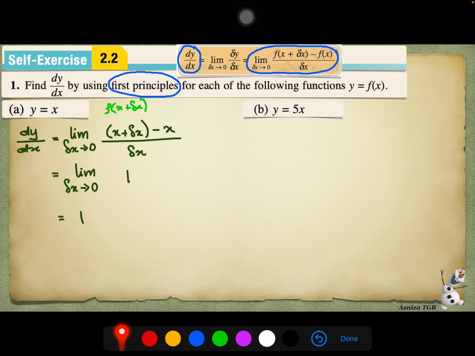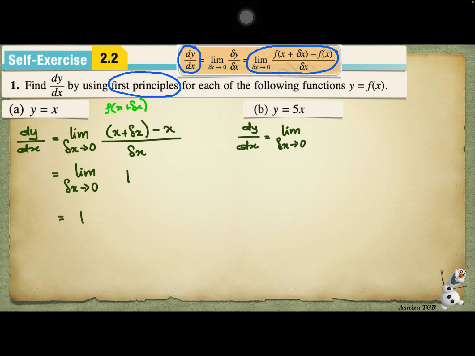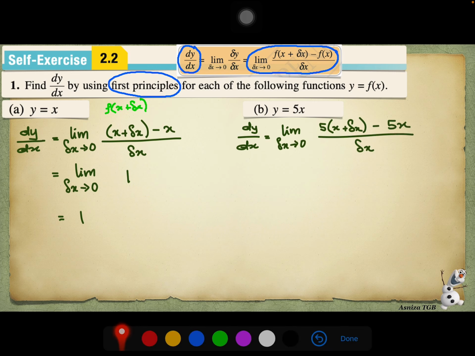So for B, using the limit as delta x approaches 0 of f(x plus delta x) minus f(x) over delta x, let's substitute the x in 5x with x plus delta x. And then we have to minus f(x) itself, that is 5x, and then we divide by delta x.